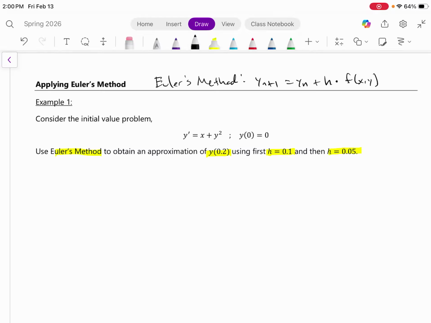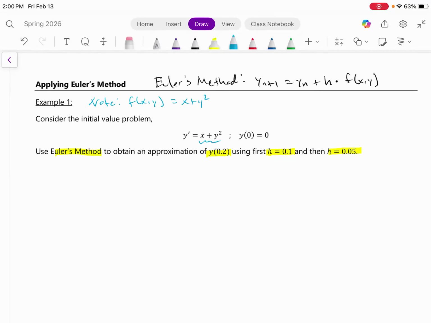A couple of things to note. What is f of x and y? Well, for our differential equation, f of x and y is the equation x plus y squared. That's our function of x and y as it pertains to our differential equation.